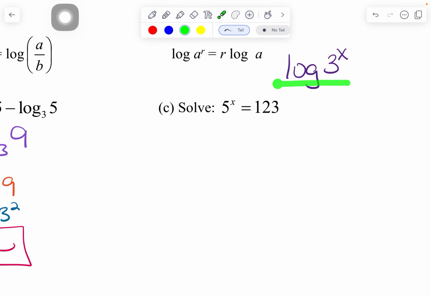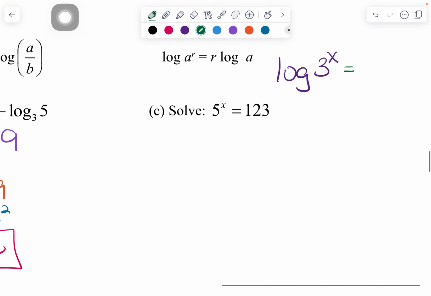And so if you do see this, we have a log with an exponential that looks a little bit weird. Well, the kind of cool thing about this is the property says this exponent can become the coefficient to your log. So what we can do is rewrite this: instead of log of 3 to the x, this is x times log of 3.